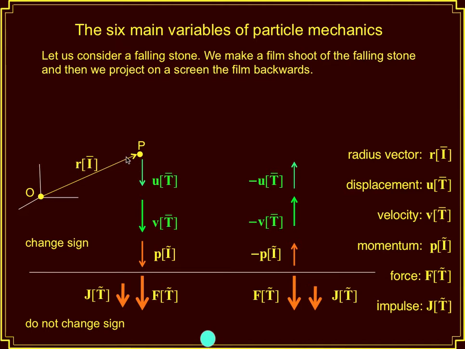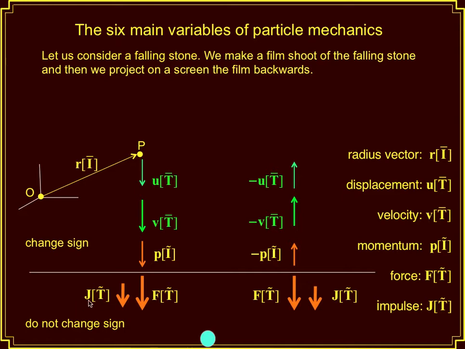A point is associated with every instant of the primal complex, the displacement with an interval, the velocity with an interval, the momentum with the dual instant. And all these variables, as we shall see, change sign when we reverse the motion.